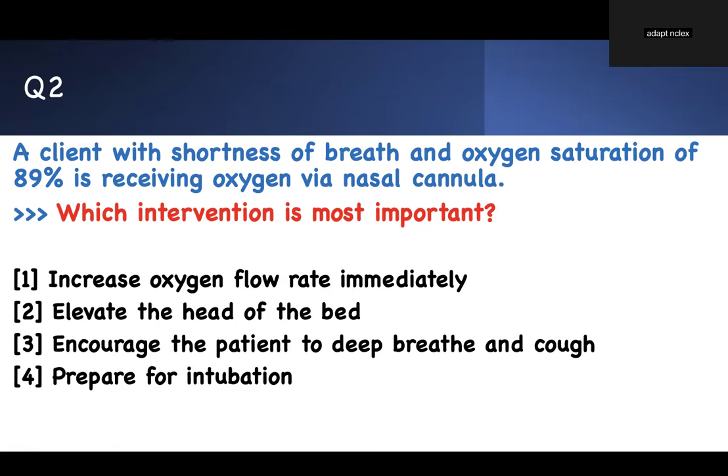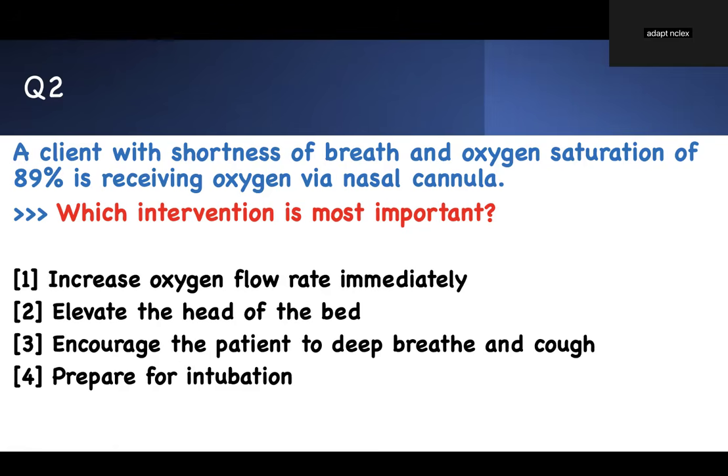Safety, and don't cause harm to the patient. Using common sense, you say, look, the patient is getting oxygen already. His sat is 89 and he's reporting shortness of breath. Do I increase the oxygen flow rate? Do I elevate the head of the bed? Do I encourage the patient to take a deep breath and cough? Or prepare for intubation?